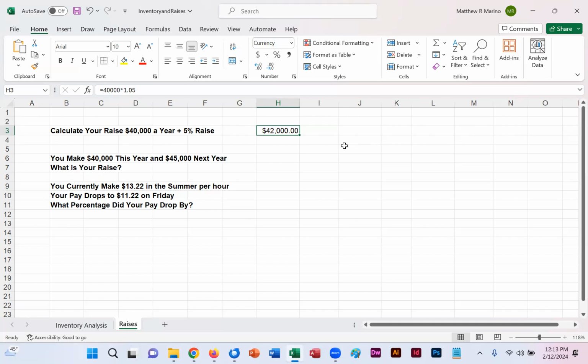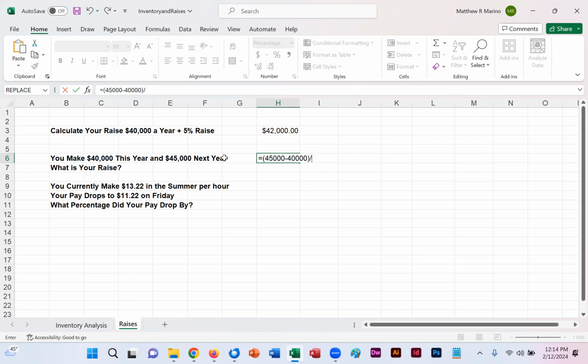The next 2, however, require us to do a little more thinking, or a little more work, if you will. So we first take our new pay minus our old pay, and then divide it by the old pay.